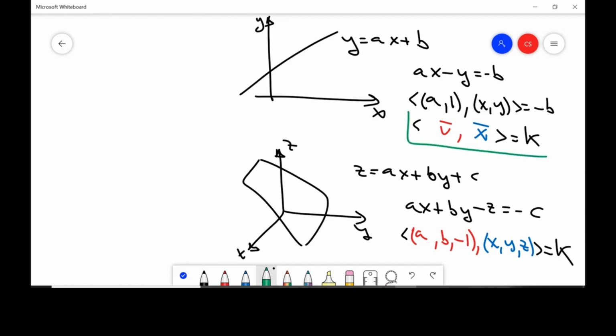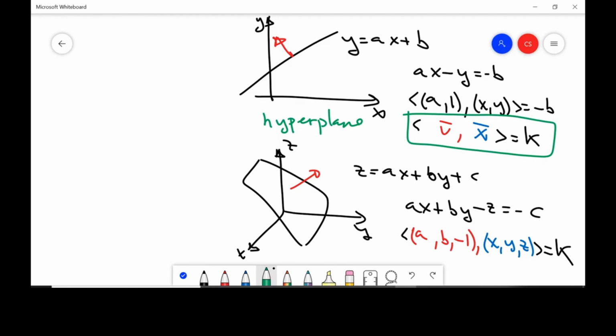So this structure here is actually the equation of any, and there is something very interesting: this u vector is perpendicular to the plane or the line we are defining. This equation is called the equation of a hyperplane. A hyperplane is a set of points.